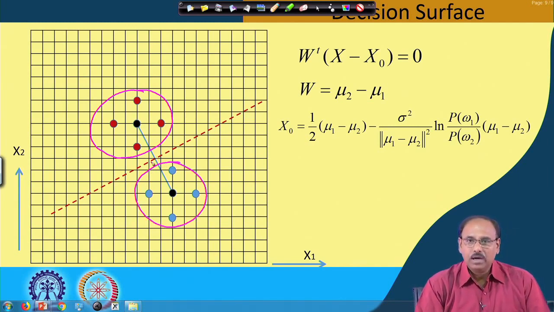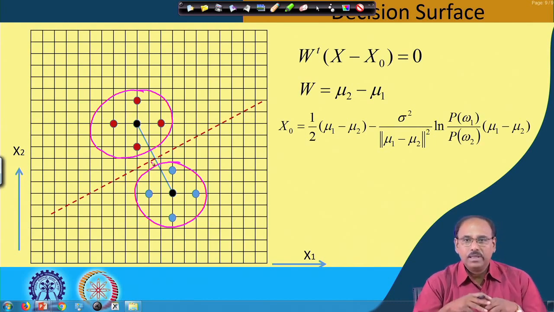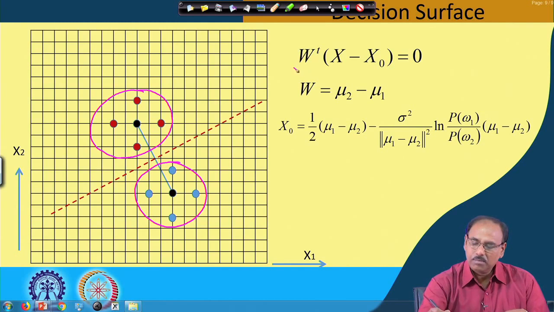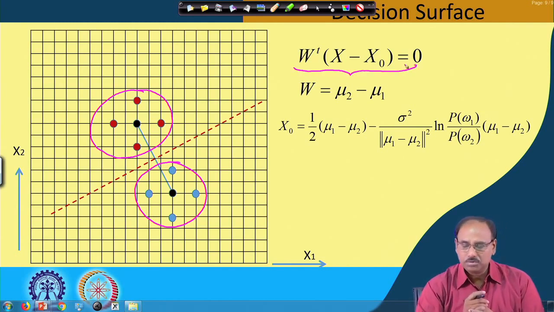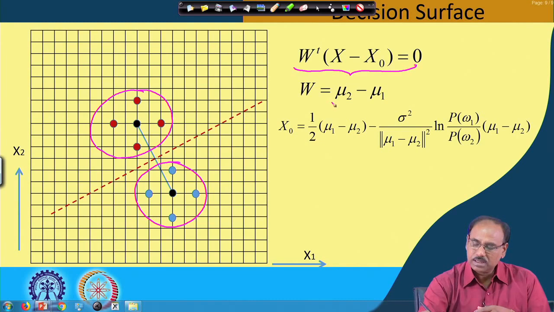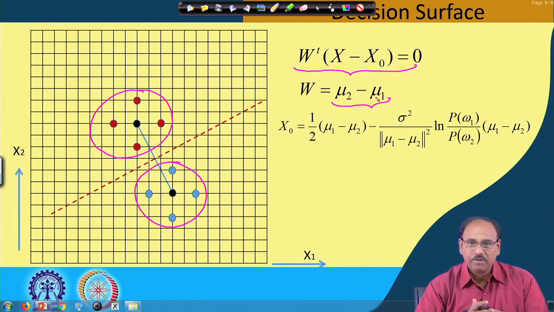We have shown earlier that when the covariance matrix sigma i is of the form sigma squared I for all the classes, the decision boundary takes the form W transpose (x minus x naught) equal to 0, where W is nothing but mu 2 minus mu 1, the vector drawn from omega 1 to omega 2, or omega 2 to omega 1 if I compute the other way, that is g1(x) minus g2(x). Here the computation was g2(x) minus g1(x).